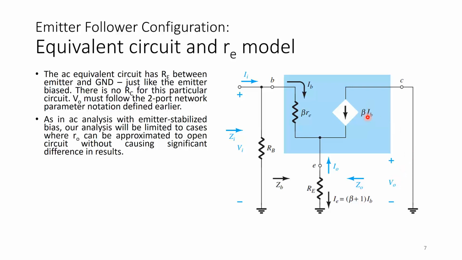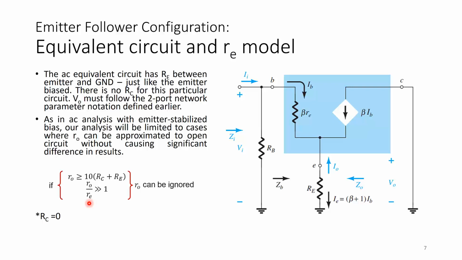Remember the emitter stabilized bias, we could assume that R out could be ignored under the assumption that R out is greater or equal to 10 times RC plus RE, and R out is much bigger than the small signal emitter resistance, small signal re.